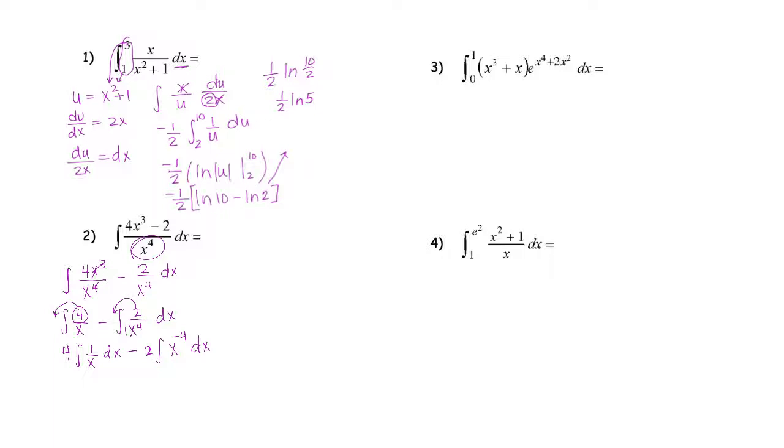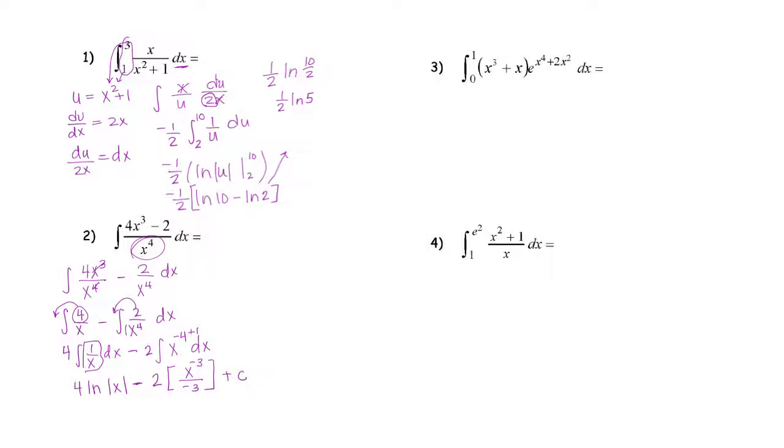Now from this portion here, if I integrate 1 over x, I get natural log, absolute value of x, and then minus 2 times, and if I integrate x to the negative 4, remember you add 1. That tells you what to divide by. So I'm going to have x to the negative 3 over negative 3, and then plus c. And they'll probably change up a little bit how that looks on your multiple choice.